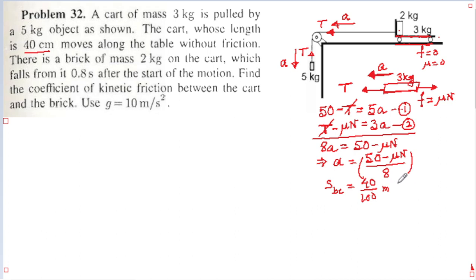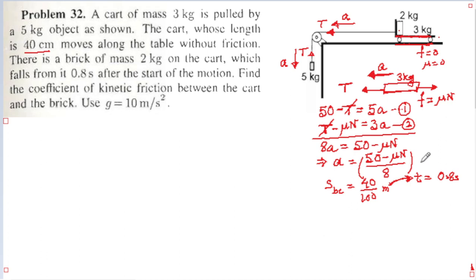And the time taken to cover this displacement, t equal to 0.8 second. We can simply say that at t equal to 0 second, when the motion starts, after 0.8 second of the starting of the motion, the brick will cover a distance of 40 divided by 100 meter with respect to the frame of the cart.